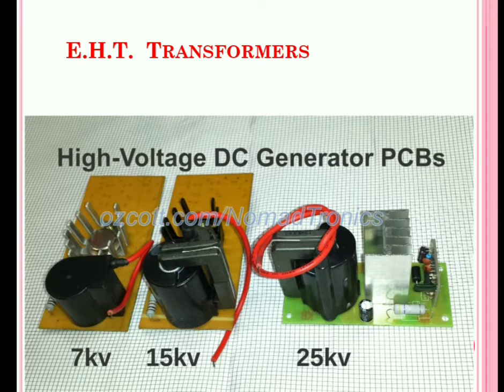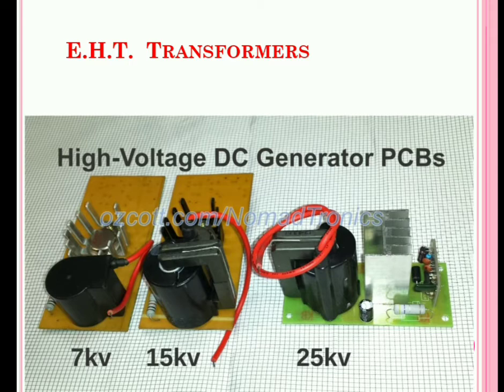This includes EHT voltage generation, rectification and filtering, and that's a module that is readily available for our applications. You can see they are of different sizes depending on the size of the picture tube in the TVs, or a CRT, that is only the cathode ray tube. So basically we are talking about the CRTs.